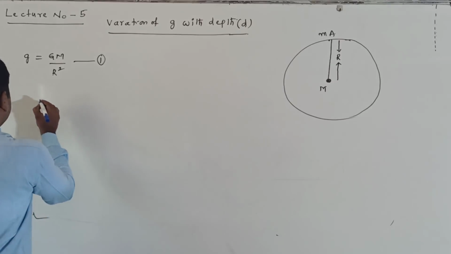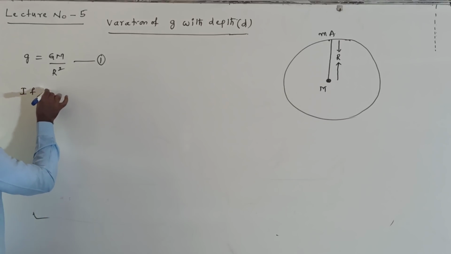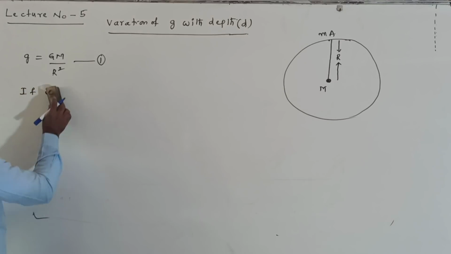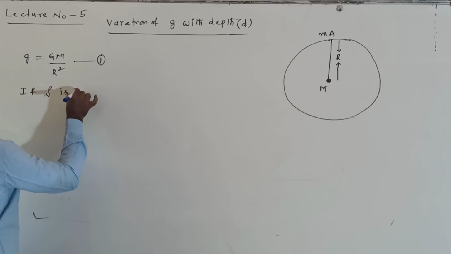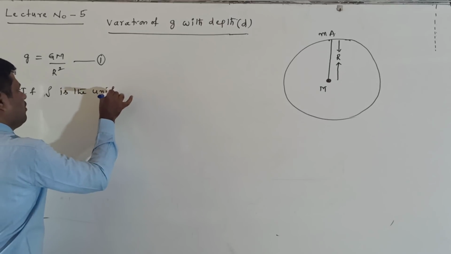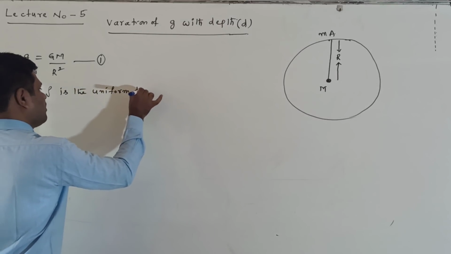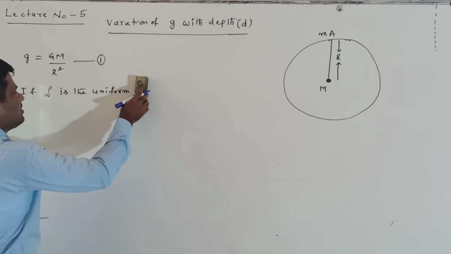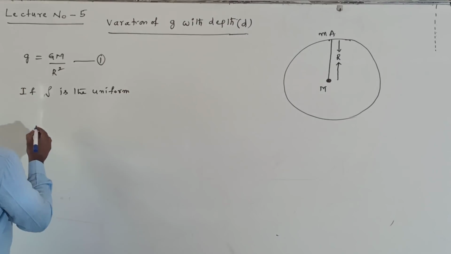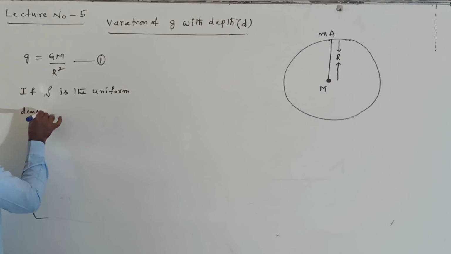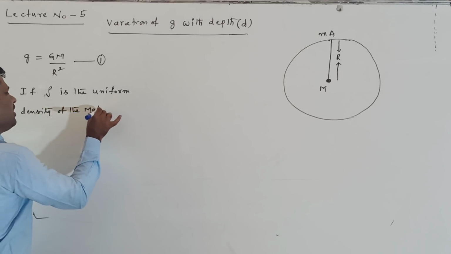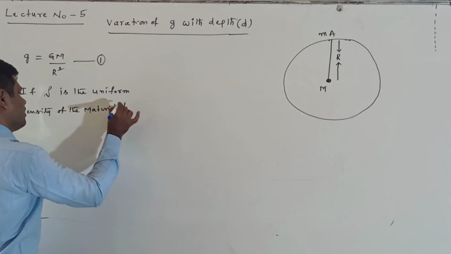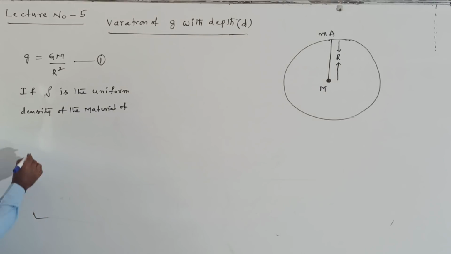Now, rho is considered as the uniform density of the material of the earth.